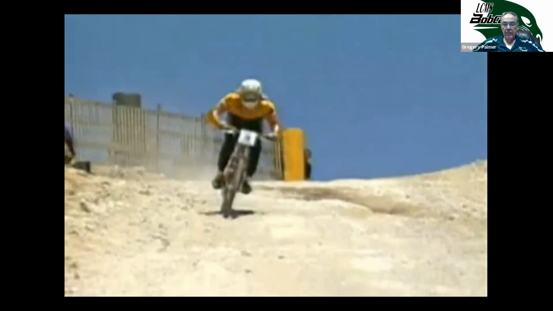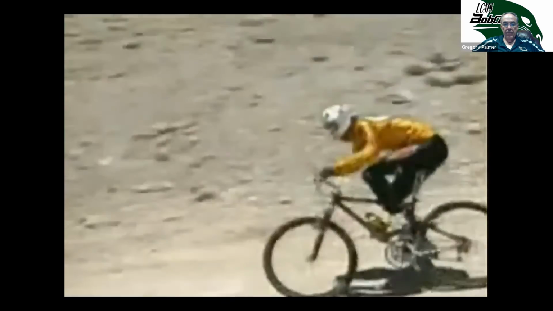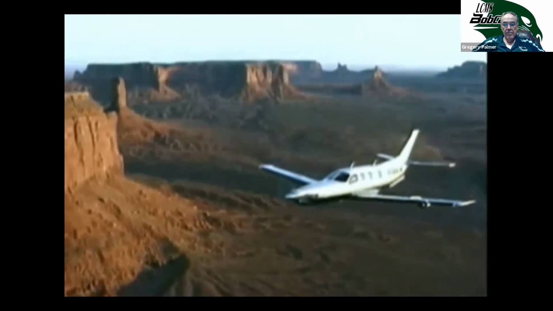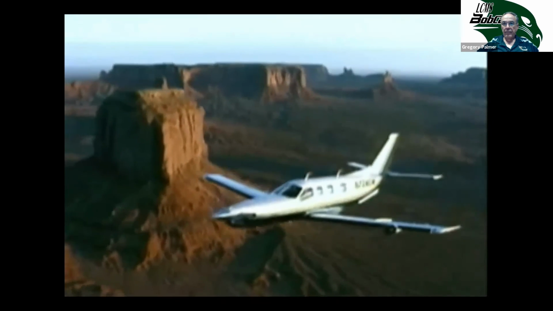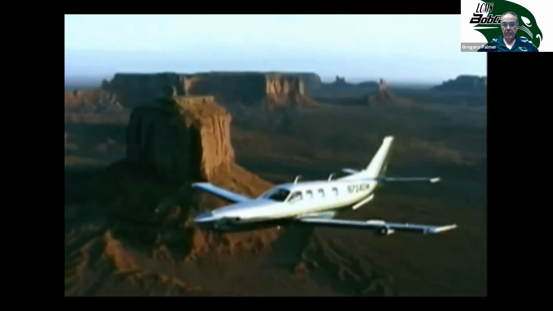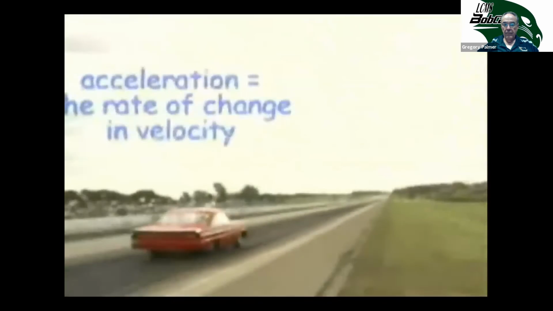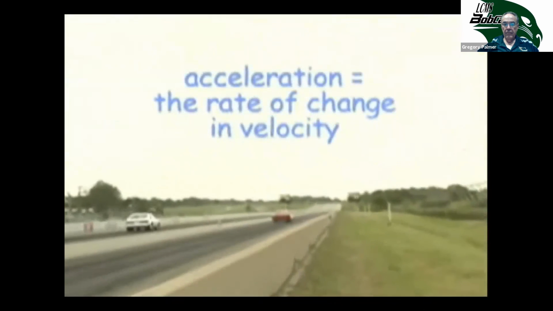Someone racing around a track is concerned with his or her speed. However, an airplane pilot is interested in the velocity of the plane, meaning the speed and direction of flight. Velocity can be changed by changing the speed of an object, by changing the direction of an object, or by changing both the speed and direction at the same time. Acceleration is the rate of change in the velocity of an object.